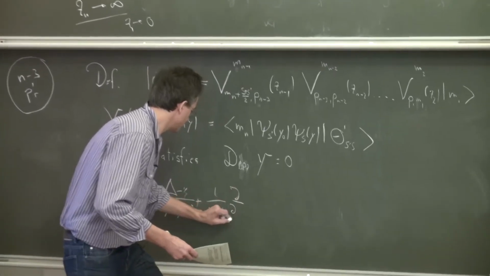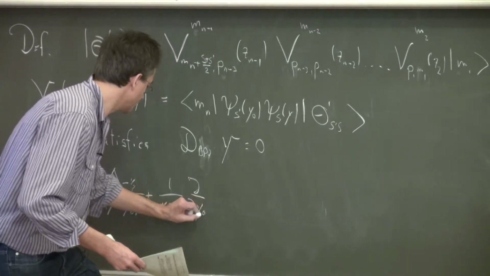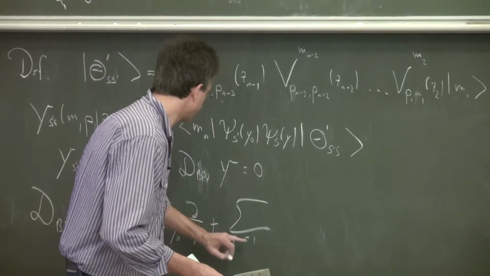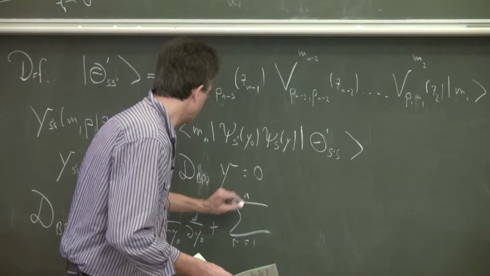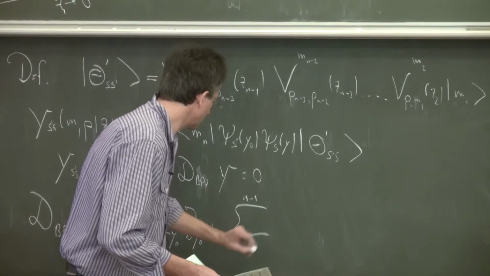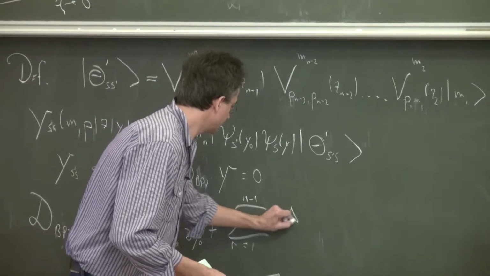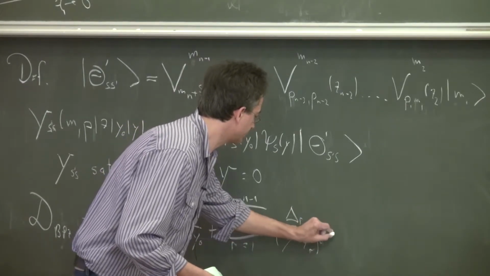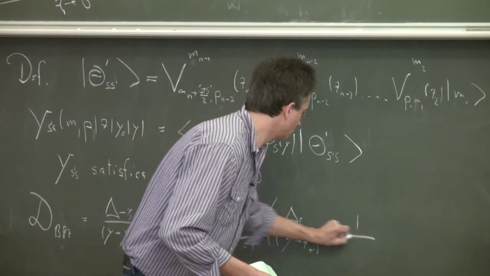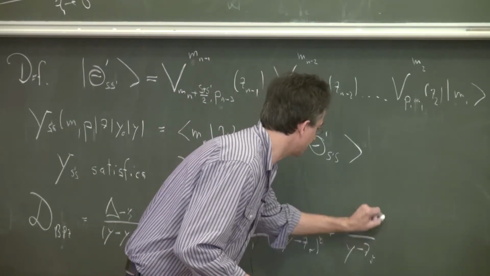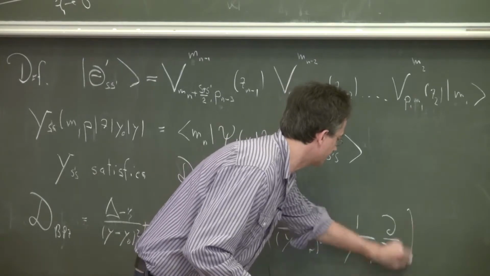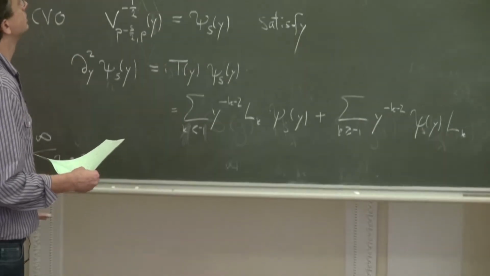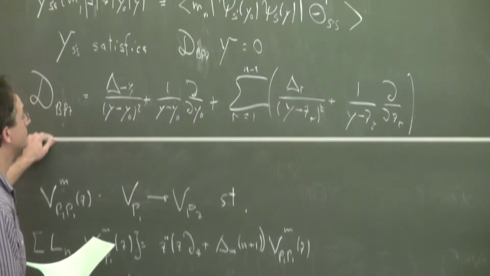Well, it probably doesn't matter so much now for us, but let me write it anyway. Plus the sum over r equals 1 to n minus 1 of delta r over y minus zr squared plus 1 over y minus zr d by dzr. All right, let me lift it to get better visible.